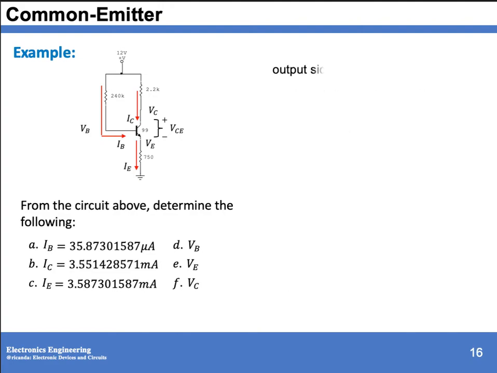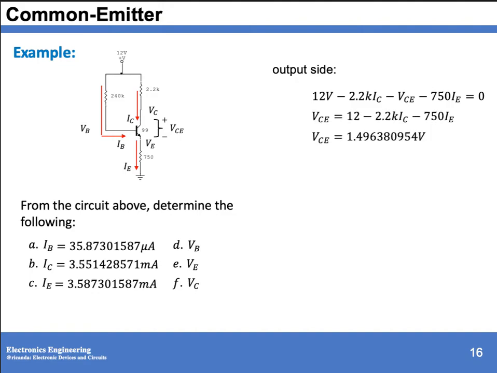Then at the output side, we have 12 minus 2.2K IC minus VCE minus 750 IE. We have already the value of IC as well as IE, so therefore we can solve for your VCE. So VCE, that is your collector-emitter junction voltage, we have 1.496380954 volts.